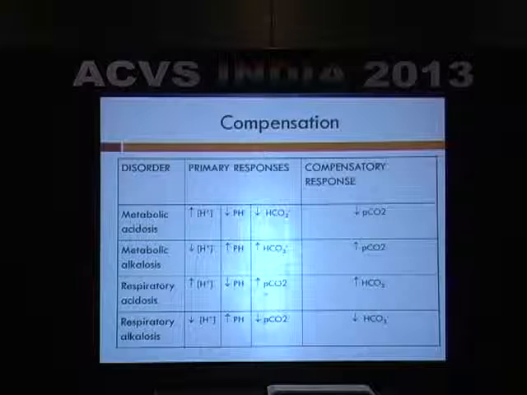In metabolic acidosis, it is decreased. In metabolic alkalosis, it is increased. And in respiratory acidosis, PCO2 is increased, and in alkalosis, PCO2 is decreased. So compensatorily, when bicarbonate decreases, PCO2 decreases. They both move in the same direction, the PCO2 and the bicarbonate.